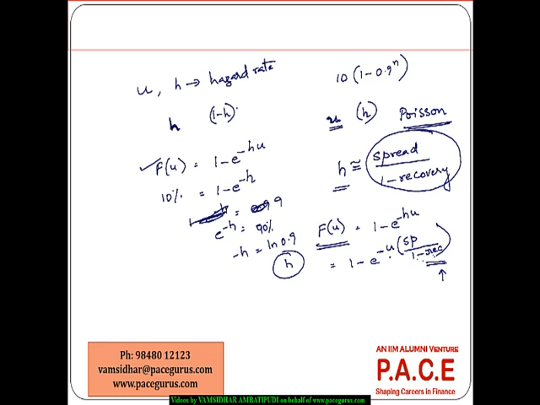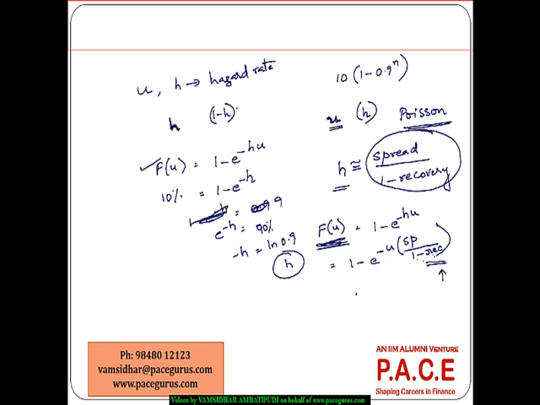So what we are seeing is the probability of default, if the recovery rate is higher, the probability of default also has to balance out. So the probability of default also should be higher. Otherwise, there should be a difference in the pricing of the two. So this above formula is a good approximation.